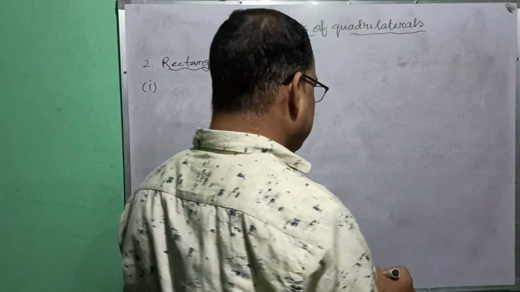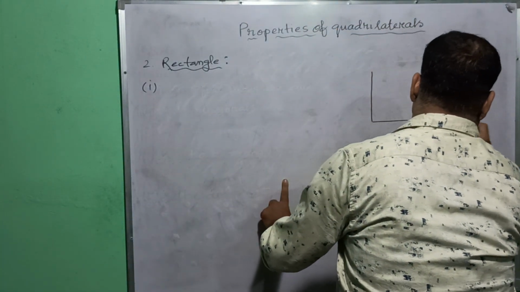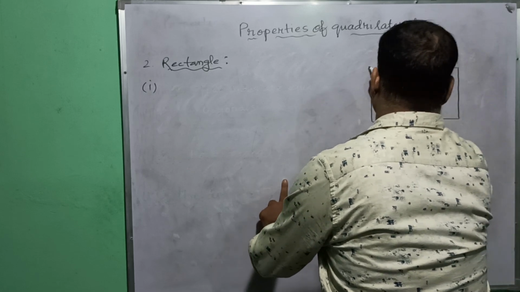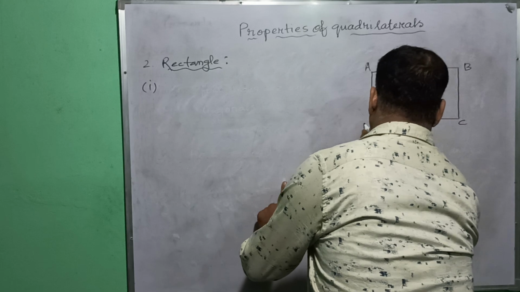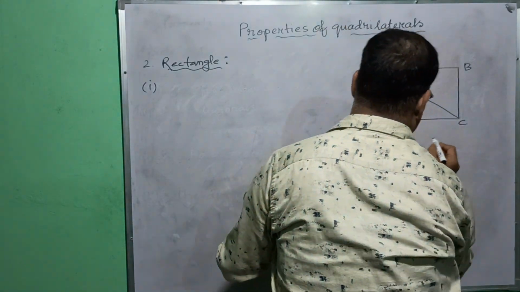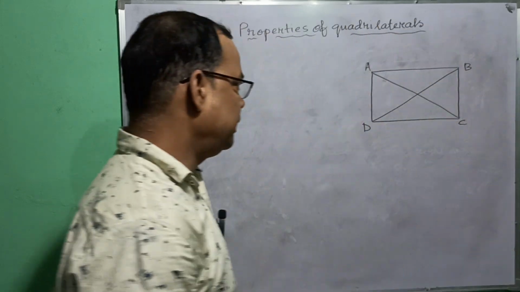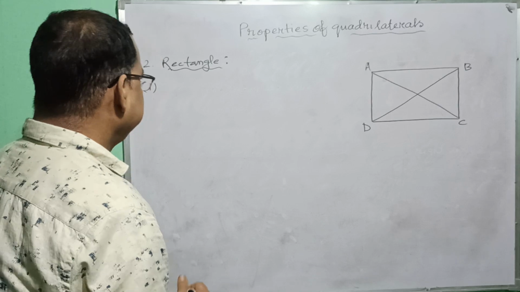Before writing the properties, let me draw a rectangle and let it be ABCD, and we'll draw the diagonals also. So let AC and BD be the diagonals and ABCD the rectangle.